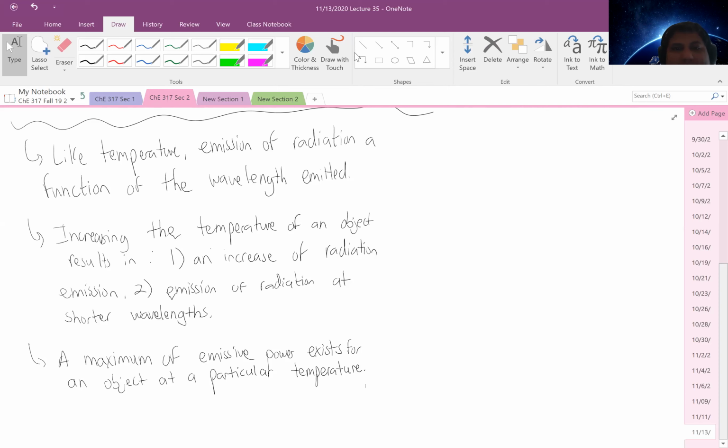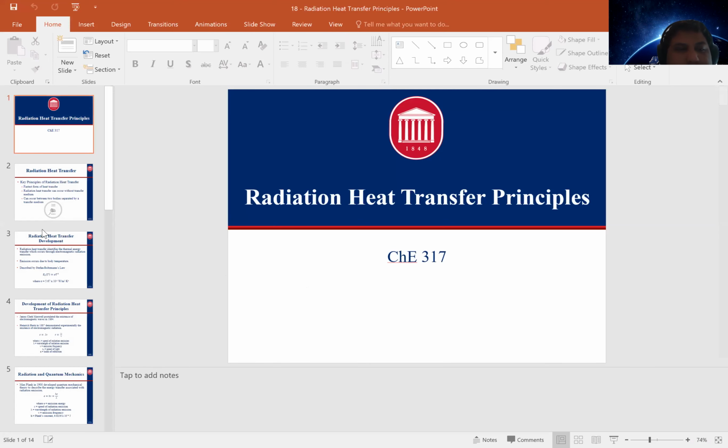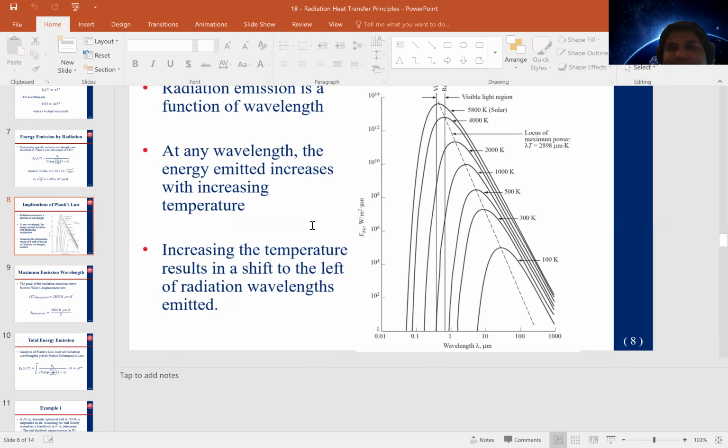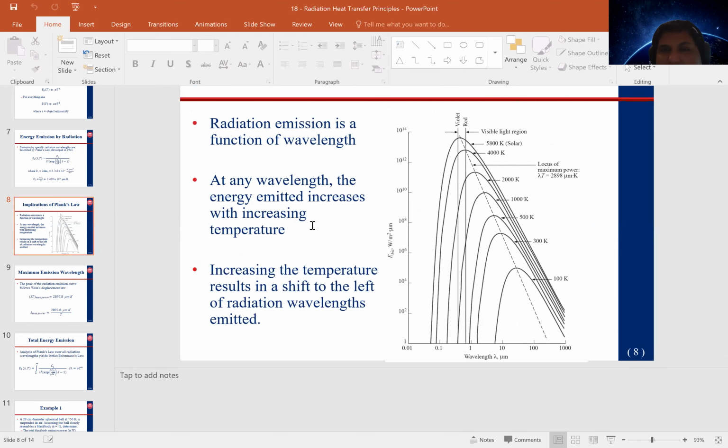This is where I'm going to push it over to our slides that I prepared and show you essentially a graphical representation of Planck's law. And so what you should see here on this slide is we have the emission wavelength in microns on the x-axis and the emissive power of that wavelength on the y-axis.